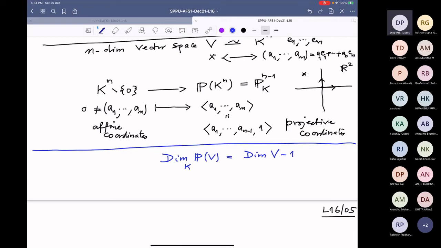If you take V to be the 0 vector space, what should PV be? PV should be the empty space. When V is one-dimensional, V just K, then it should be a point only.